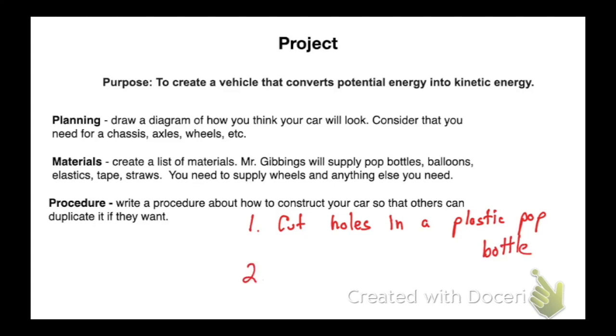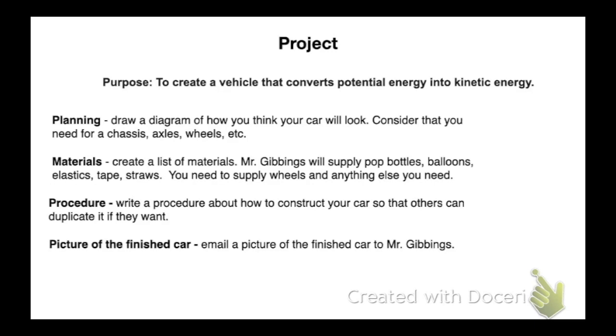Number 2, and then just write the procedure. How did you make your car? Okay, there's an important skill in taking the thing that you're doing with your hands and converting that into a written procedure. Okay, because that takes some thinking, right? Take a picture of your finished car and then email it to me or put it on Google Classroom and submit it with this assignment.